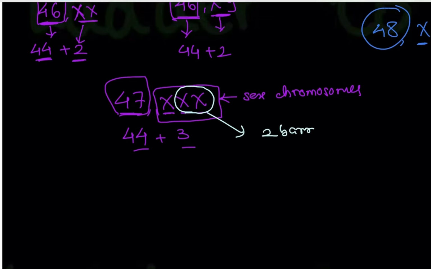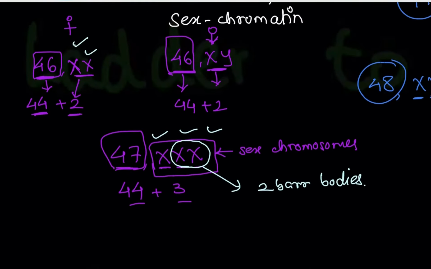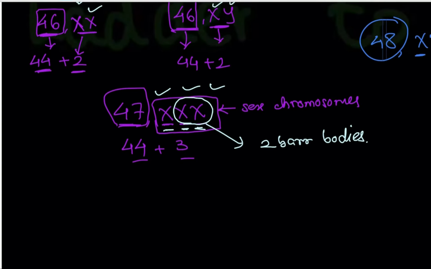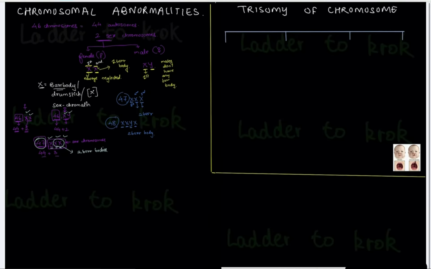But if I ask how many sex chromosomes are present, then there are 3 sex chromosomes. In males, there are 2 sex chromosomes, but in this example, there are 3 sex chromosomes. 3 X's are written, right? I hope this is clear about how this number comes and about what is sex chromosome and what is Barr body. If this is clear, then we can move on with the chromosomal abnormalities.